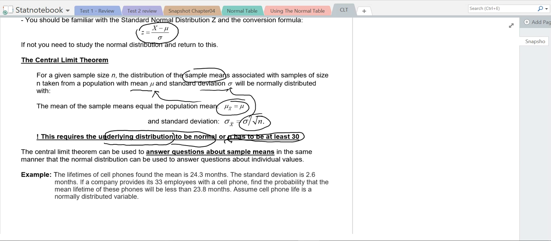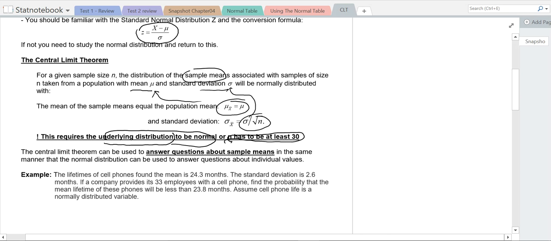As with any problem, you need to be able to identify the problem. The central limit theorem is used to answer questions about sample means in terms of their probability.